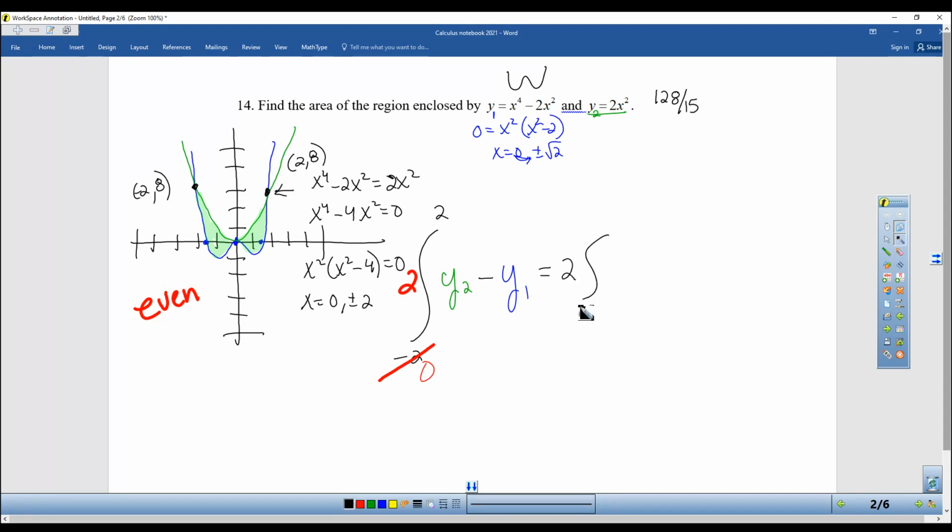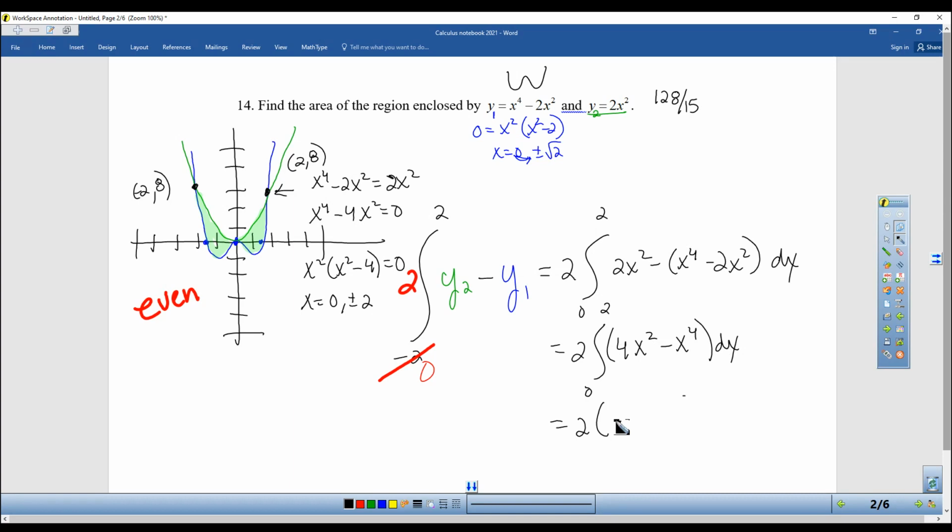So 2 times the integral from 0 to 2, zeros are just always easier to plug in, of 2x squared minus x to the fourth minus 2x squared gives me 2 times the integral from 0 to 2 of 4x squared minus x to the fourth. You could have put it in descending order. I do need my dx there.